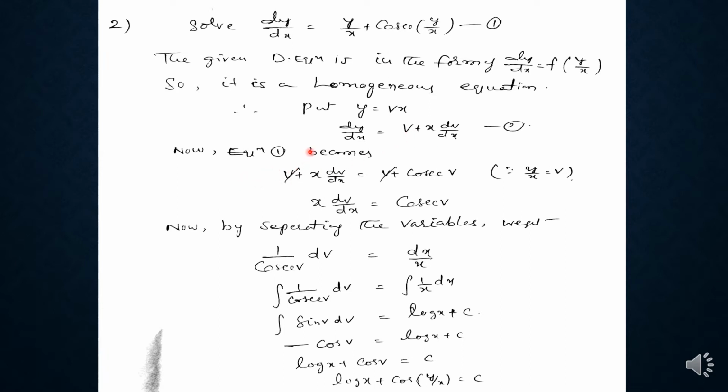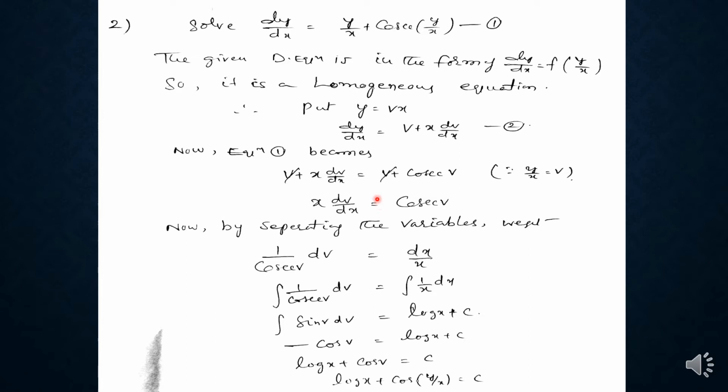Now by substituting the second equation in the first equation, equation 1 becomes v plus x dv by dx is equal to v plus cosecant v. So here both sides v are cancelled. Now x dv by dx is equal to cosecant v.